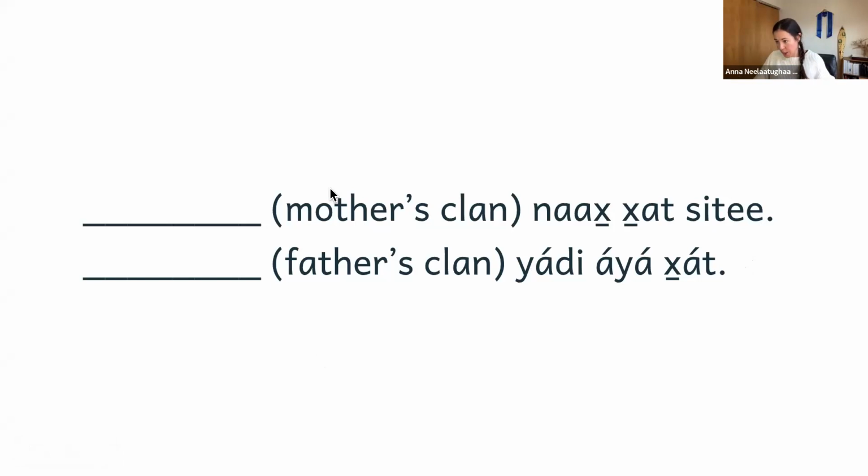The blank for the first one is your mother's clan, and that's what clan you are, is your mother's clan. The second line, the blank is for your father's clan. That's the clan that you're the child of. And so for mine, I put my mother's clan, German Kwan for German.